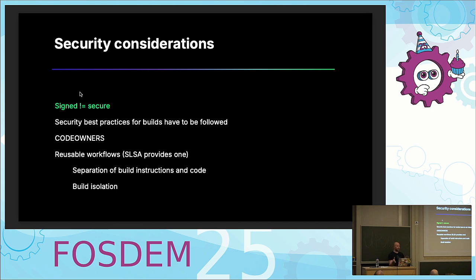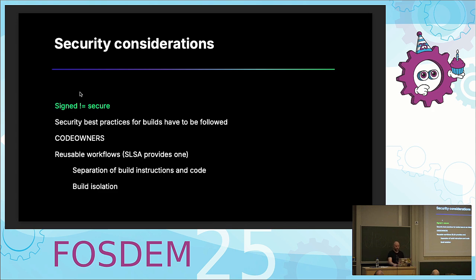The benefit here is that you get a complete separation of concerns, because the SLSA builder is in the SLSA org. A typical developer doesn't have write access and can't modify the build instructions. So that's very useful for a lot of people to make sure that developers can write the code, but they can't modify how it's built.